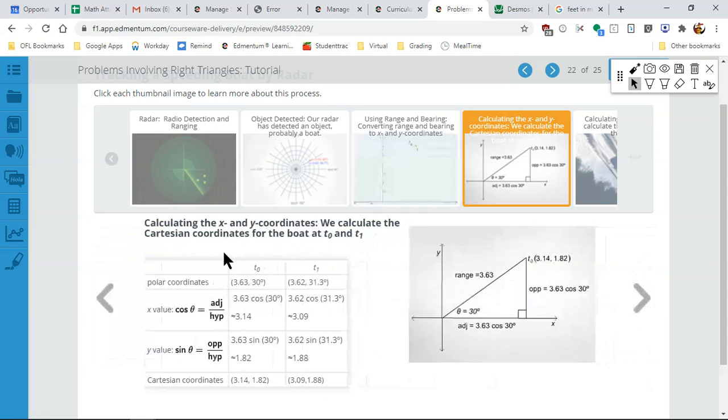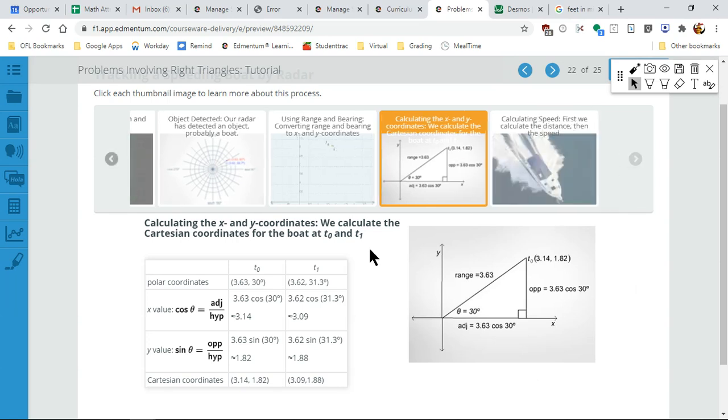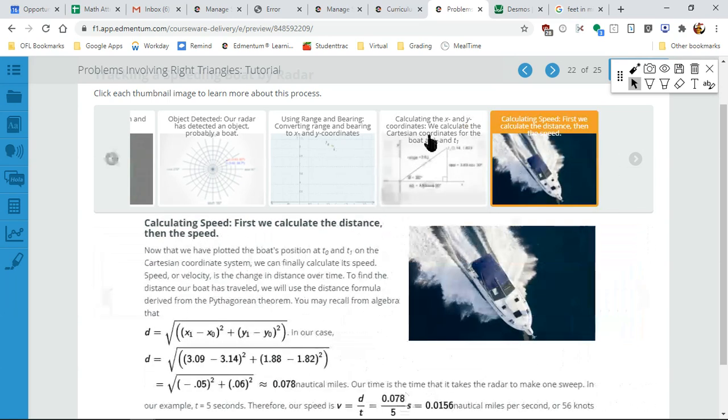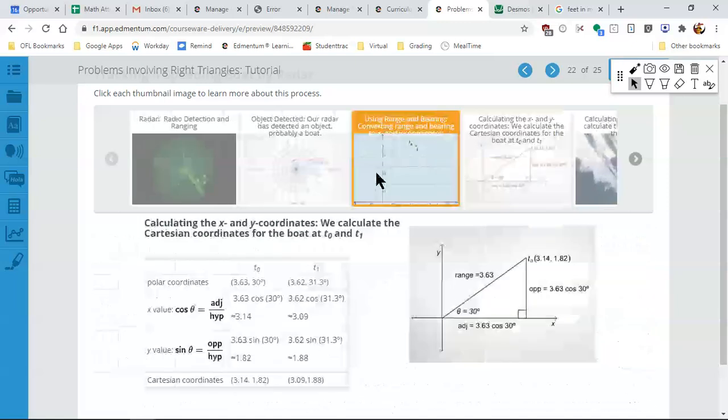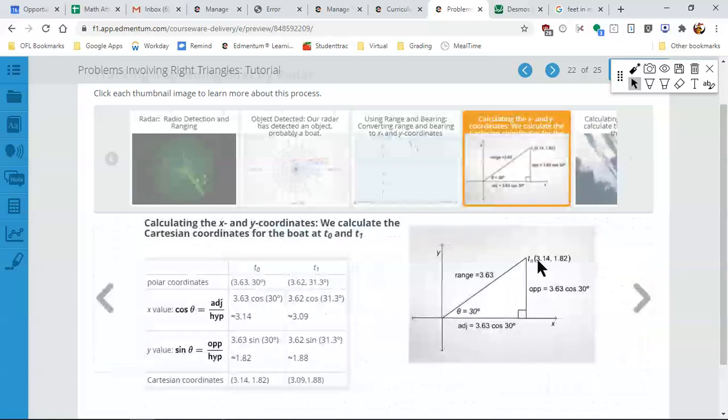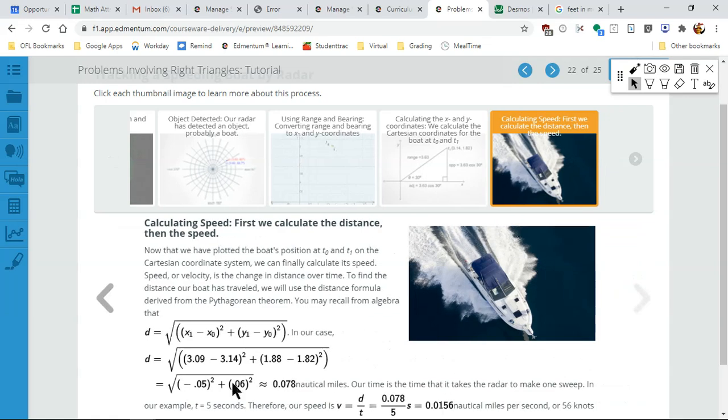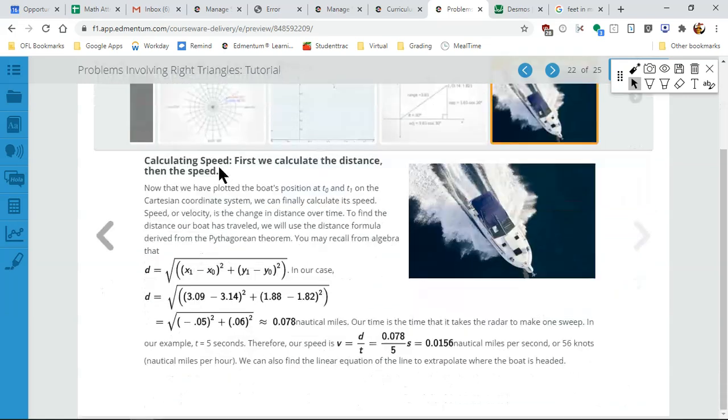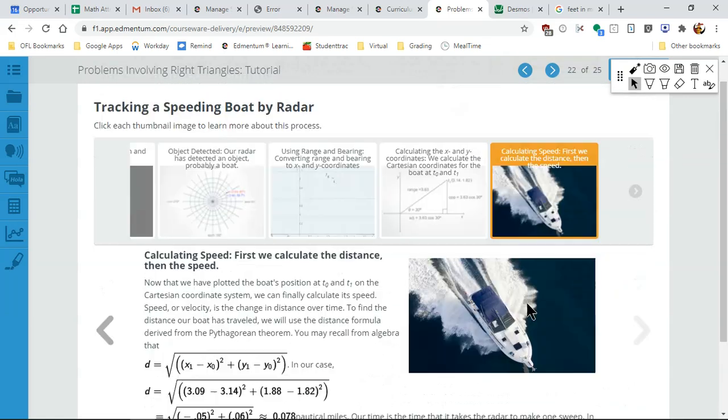And from there, you can use your little triangle. Trig is all about triangles. Use degrees and right triangles. Basically what's happening is it starts figuring out how fast the boat is going by figuring out the distance over and over again. So this is how it can calculate how fast the speed is based on the change in distance.